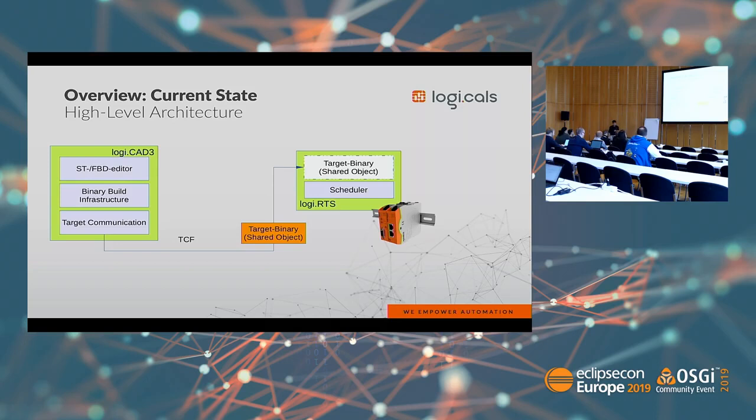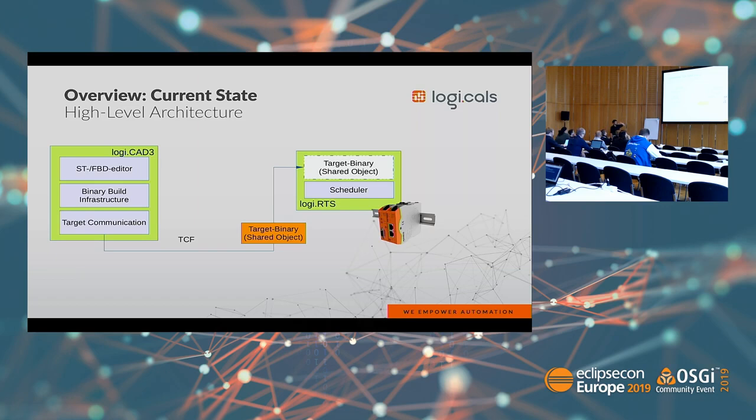And the runtime system consists of several plugins, such as a communication plugin, which is used to communicate with the engineering system, and also a scheduler, which is then in charge of executing the PLC logic. So the binary code that has been created using Logical 3 is transferred to the target system and loaded on a Linux system, for example.